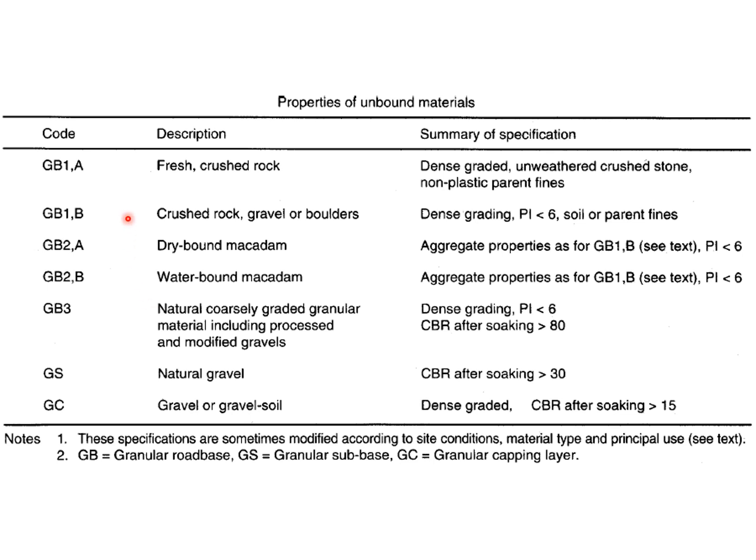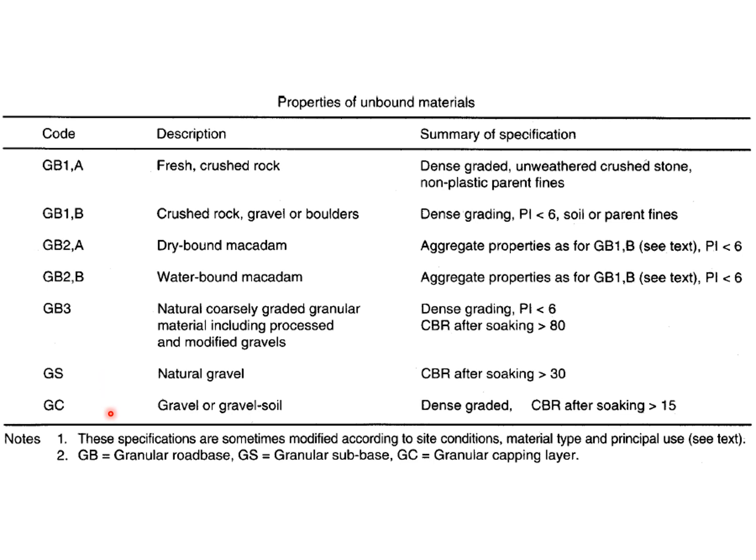Now in this slide you can see the properties of the unbound material, and look at the codes which are being used over here. GB1A means fresh crushed rock, GB1B crushed rock, gravel or boulders, GB2A dry bound macadam, GB2B water bound macadam, GB3 naturally coarsely graded granular material including processed and modified gravels, GS natural gravel, GC gravel or gravel soil.